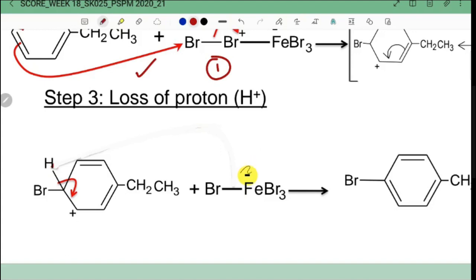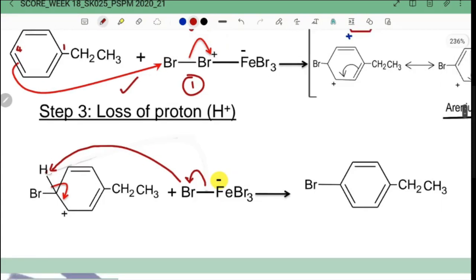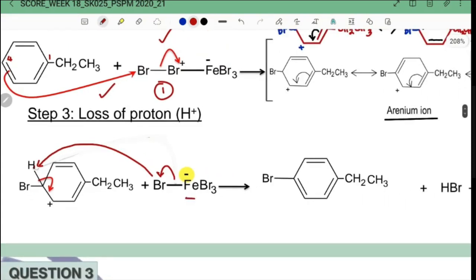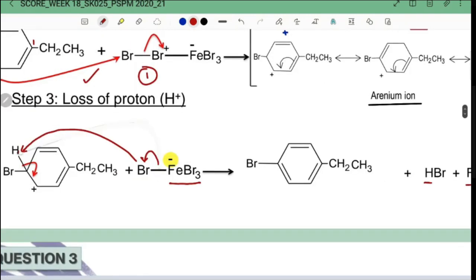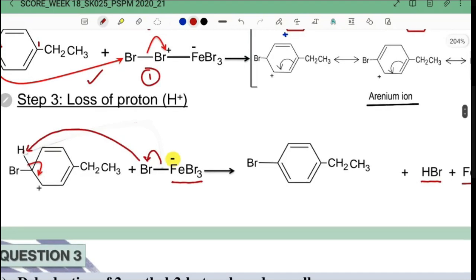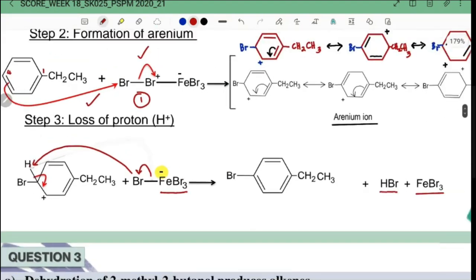Okay, from the bond to Br. Okay, Br attack the H. So CH bond make a multiple bond back. So you will get the FeBr3 akan keluar semula sebagai catalyst, akan consume as a product. Br minus dengan H plus akan jadi HBr and then you get the para position of ethyl benzene.